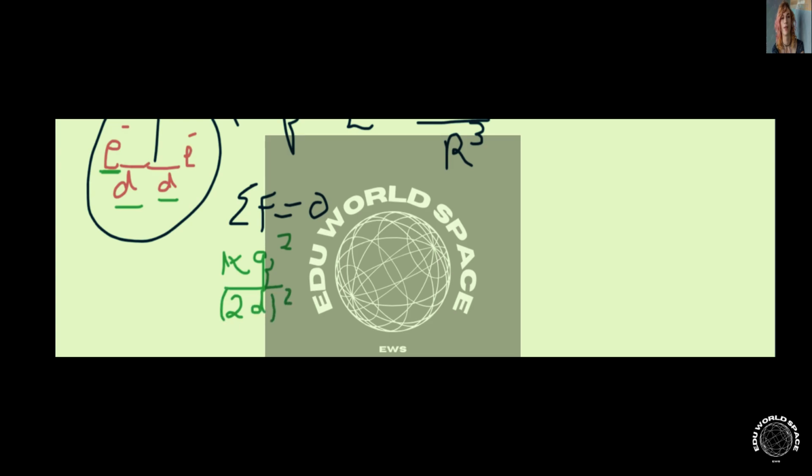This is just Coulomb's law between two charged objects, the force between them. Q is simply the elementary charge e, so Q equals e, elementary charge. And this 2d is because the distance in between these electrons is 2d. Okay, so this is the force of the green electron due to the blue electron.